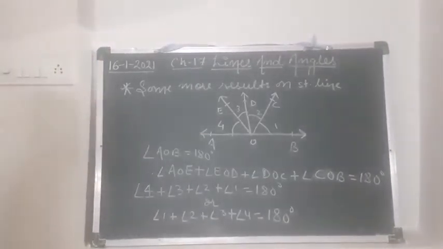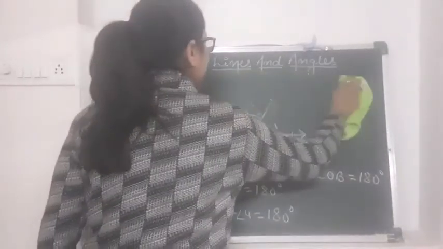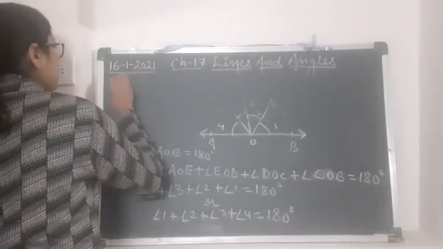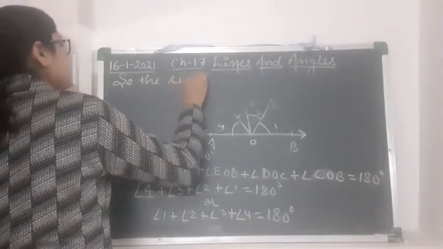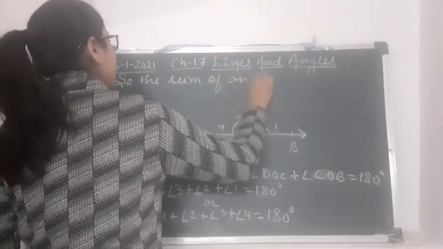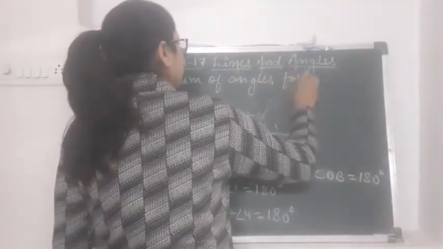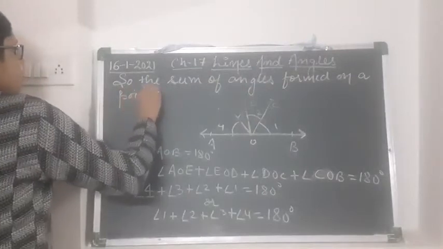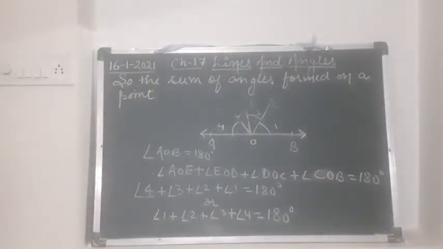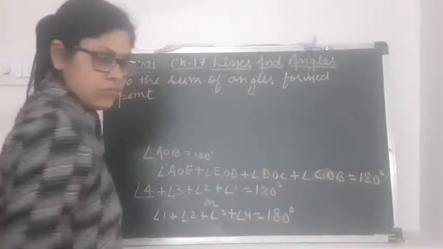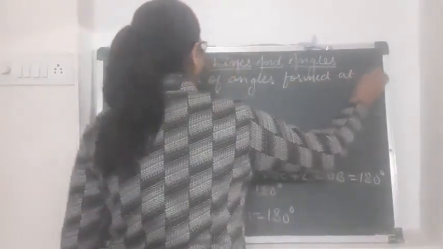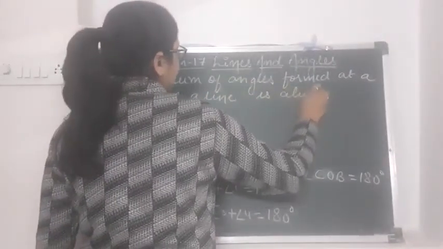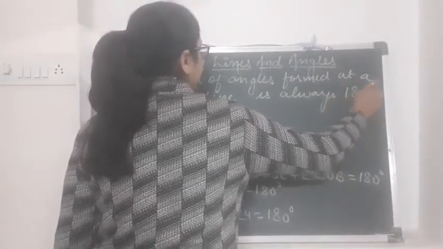So you will write here: the sum of angles on a straight line is always 180 degrees.